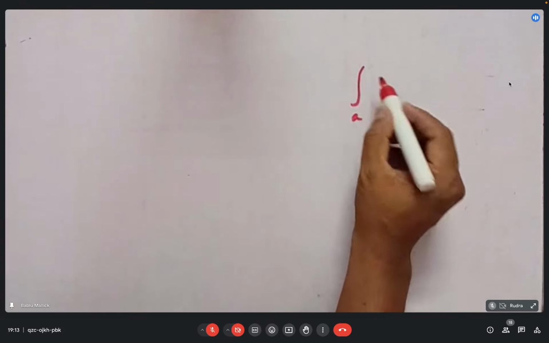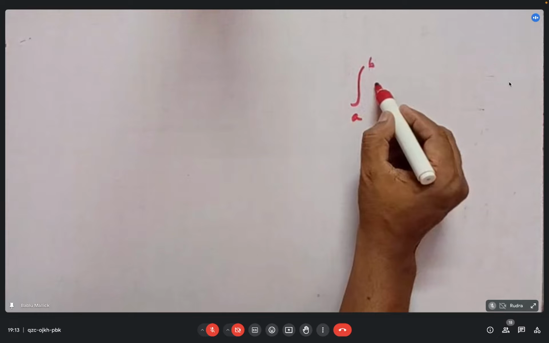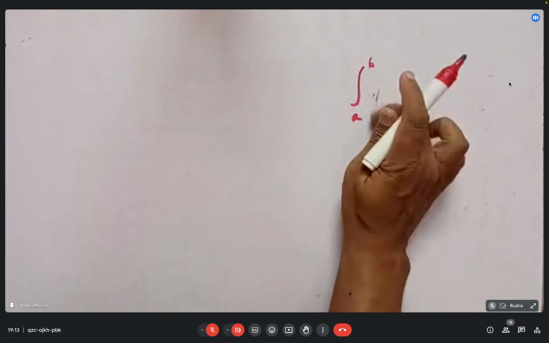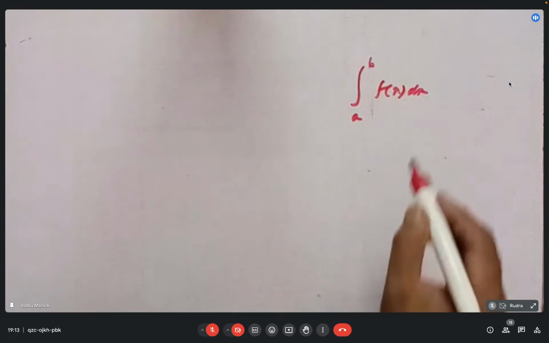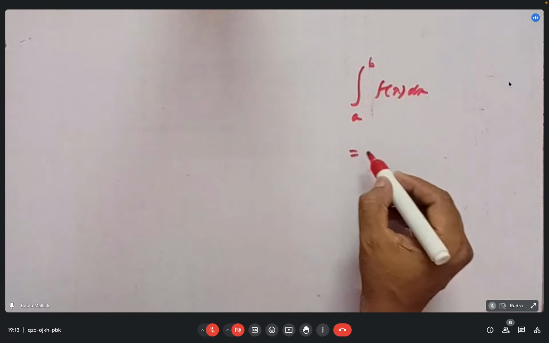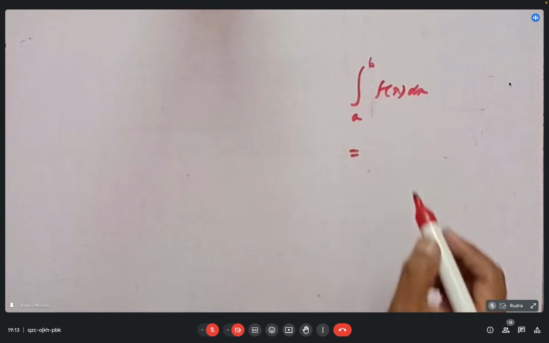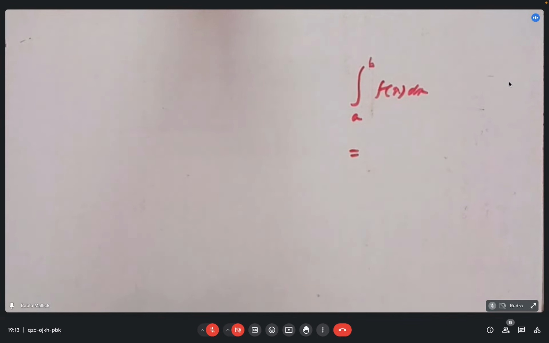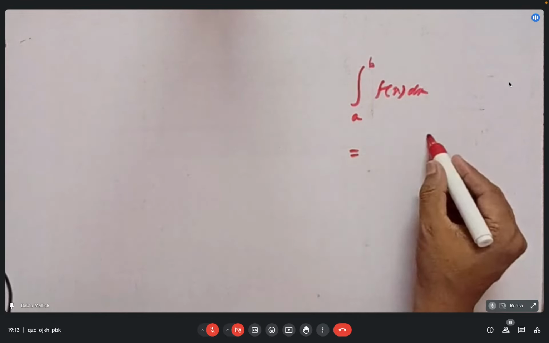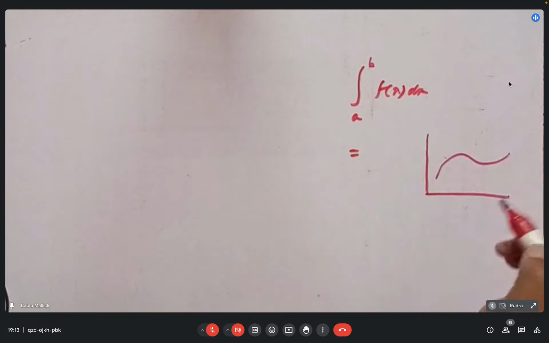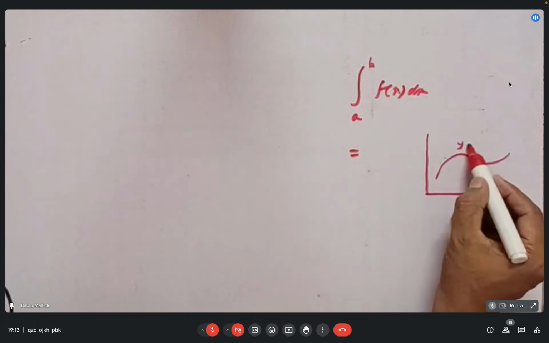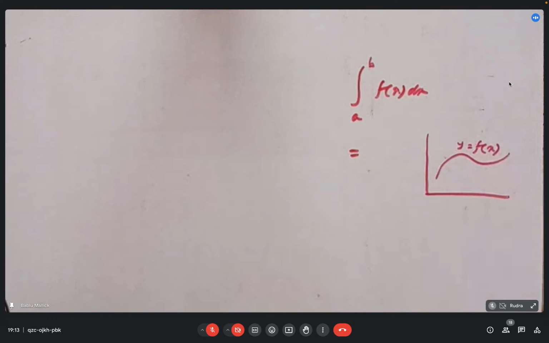What do we mean by integration a to b f(x) dx? What is the meaning of this? This means actually it is the area bounded by f(x). Suppose this is the f(x) curve, it is the y is equal to f(x) curve.